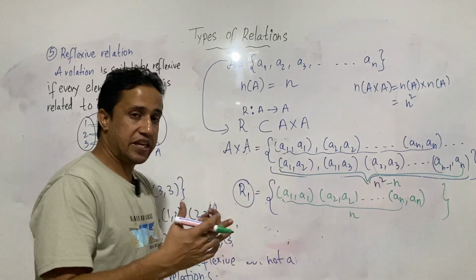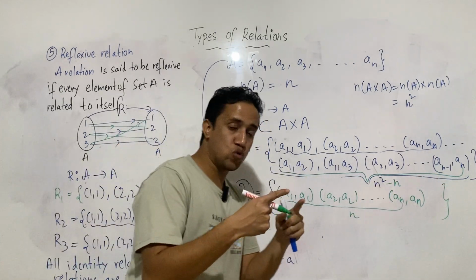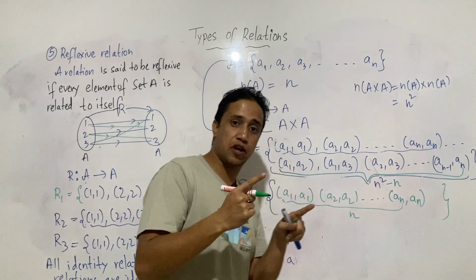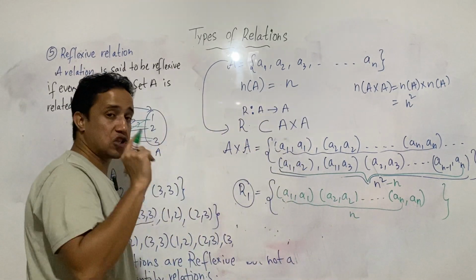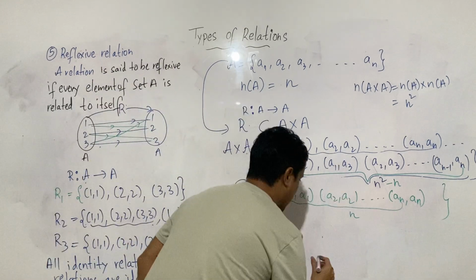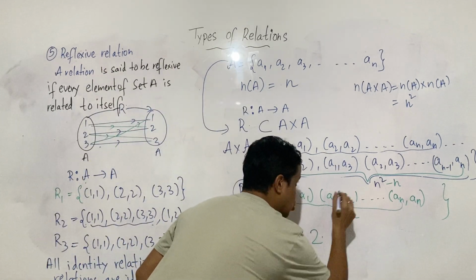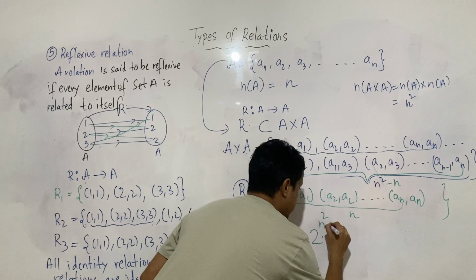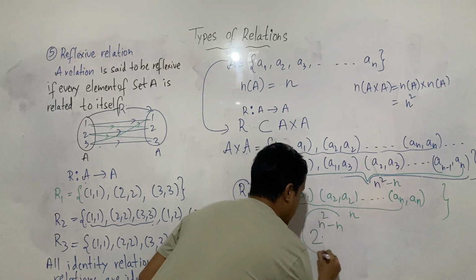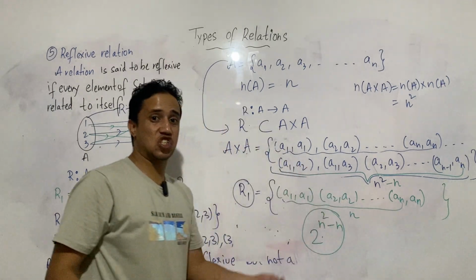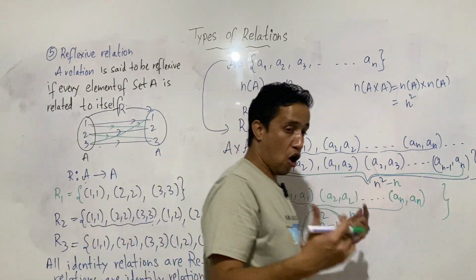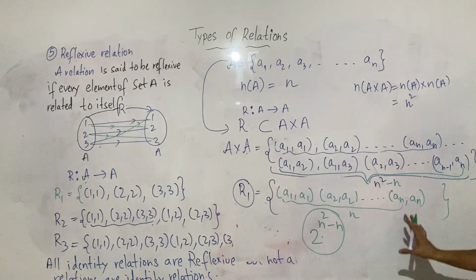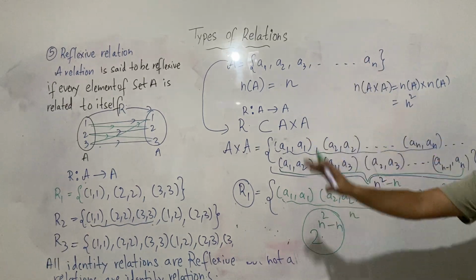If we use a little bit of permutation and combination here, the total possibilities are 2 raised to power n square minus n, for these elements to come in or stay out in order to make this a reflexive relation.